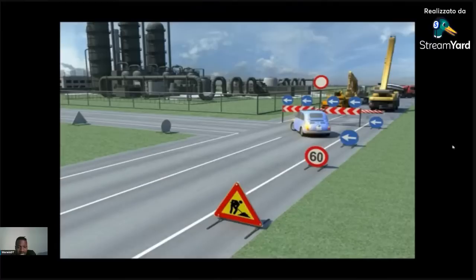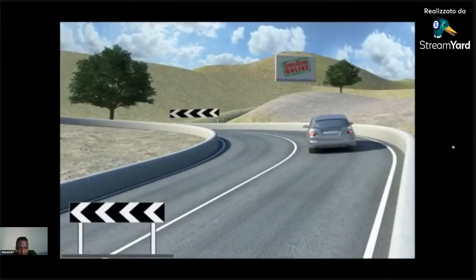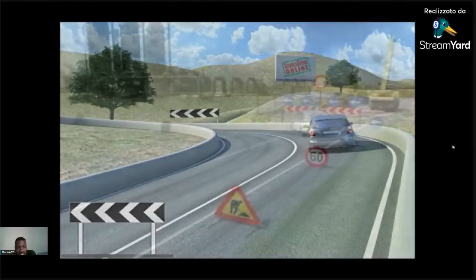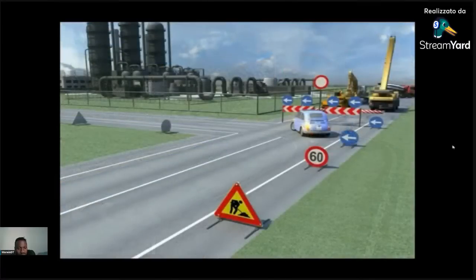I repeat, the black and white, this one, is what? Permanent. They don't change it. It is fixed on the road. Meanwhile, this one, which is red and white, is what? Temporary.